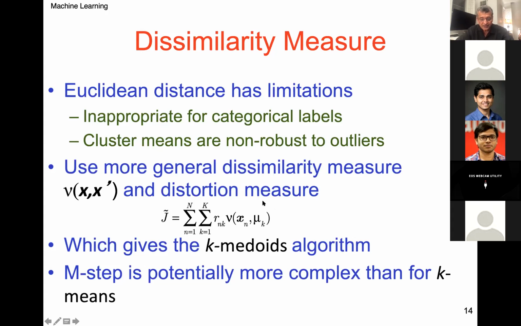So instead of taking the squared Euclidean distance between the point x and the mean mu k, you could use some kind of dissimilarity measure between x n and mu k. And that gives the k-medoids algorithm, it's called. And the M step is potentially more complex than for k-means. All right, so we have to compute whatever this quantity is.